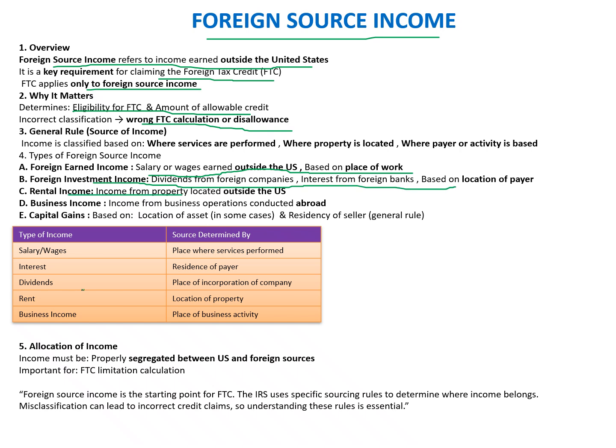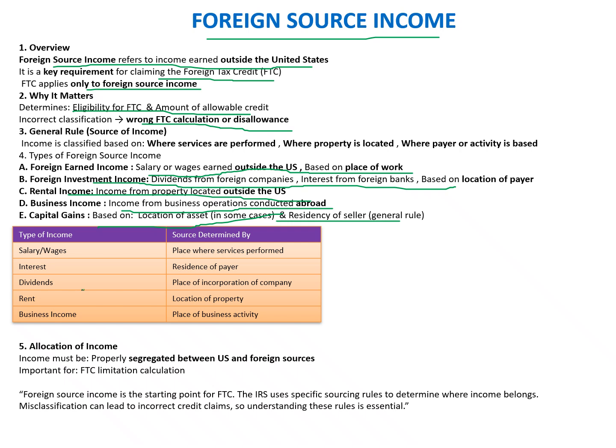Rental income is income from property located outside the US. Business income is income from business operations conducted abroad, and capital gain is based on the location of the asset and residency of the individual. So these are the conditions on which foreign income will be included in the total income of the individual or the business, and then the FTC would be applied.